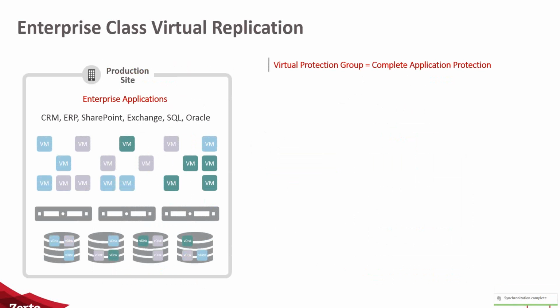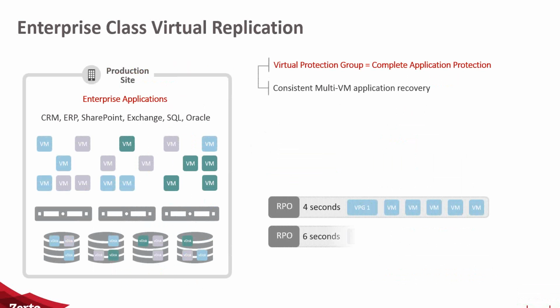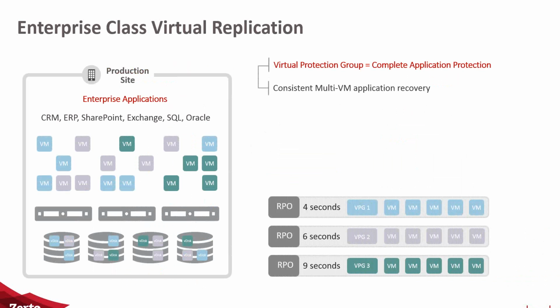And in Zerto, we have the concept of a virtual protection group, which gives you complete application protection because you can simply add all of the VMs that form that application into a virtual protection group, and it gives you consistent multi-VM application recovery. We maintain the right order fidelity of these virtual machines, and we allow you to recover the entire application from just a few seconds ago in the past.